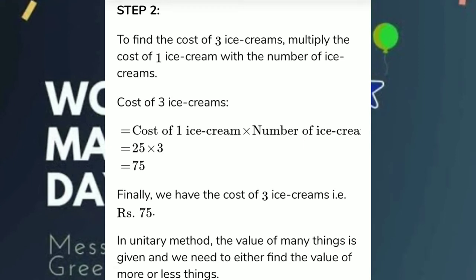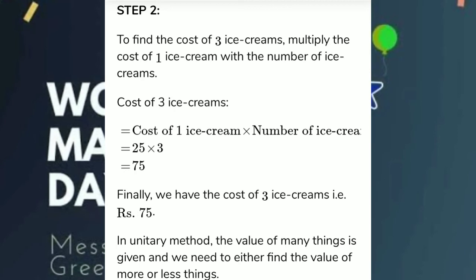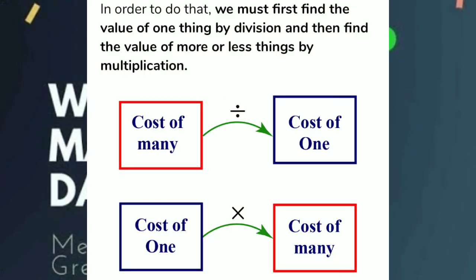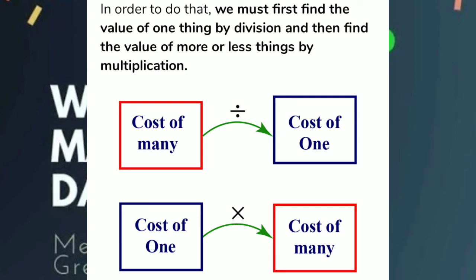In unitary method, the value of many things is given and we need to find the value of either more or fewer things. Let's see one trick. In order to do that, we must find the value of one thing by division and then find the value of more or fewer things by multiplication.